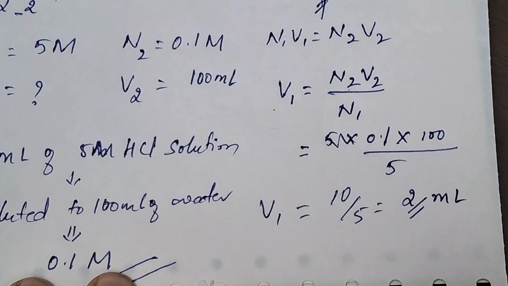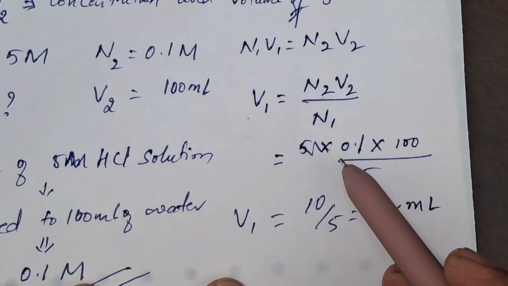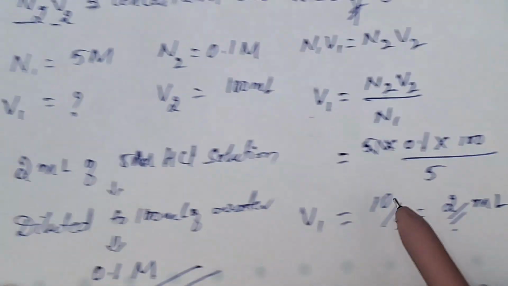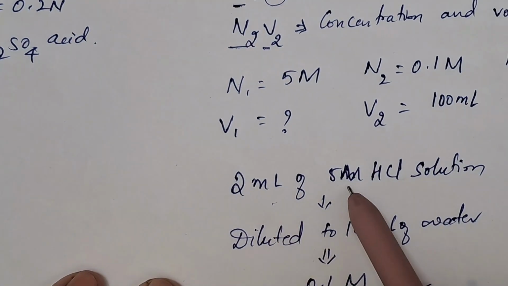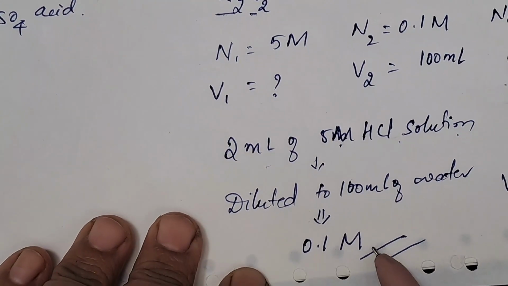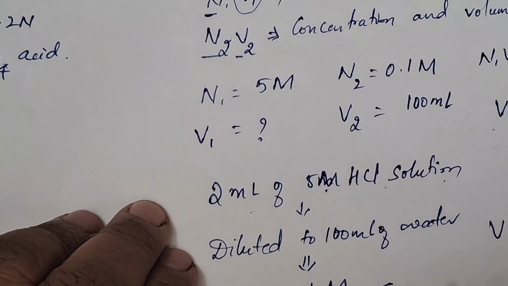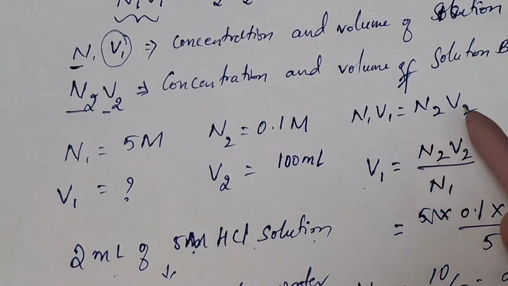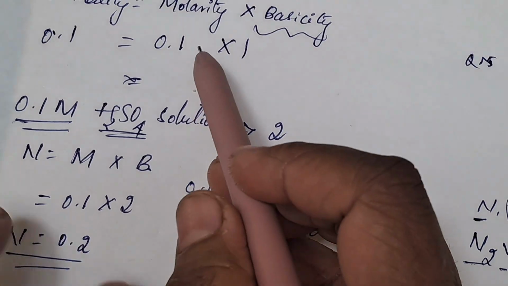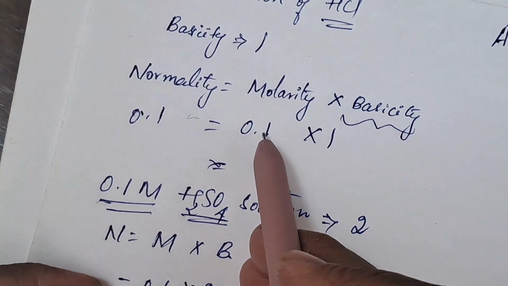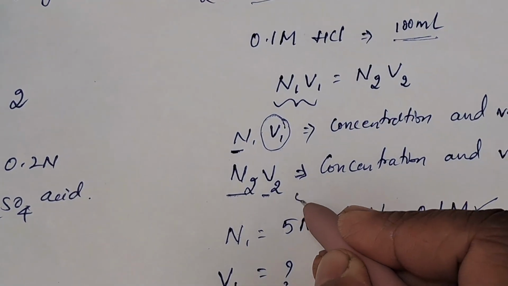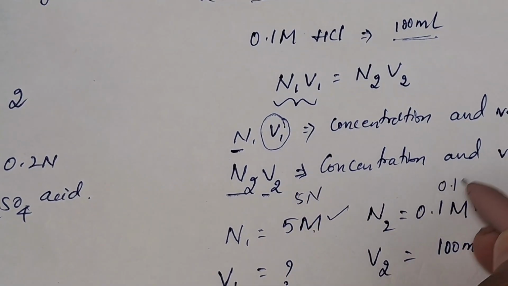If you calculate this, you will get 2 ml of volume. That means if you dilute 2 ml of 5 molar HCl solution to 100 ml with water, you will get 0.1 molar. Remember, though I am using the normality equation here, I am writing molar only because for HCl molarity and normality are the same. So I can express it in molar or normal, it is one and the same.